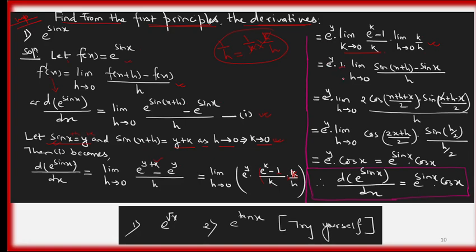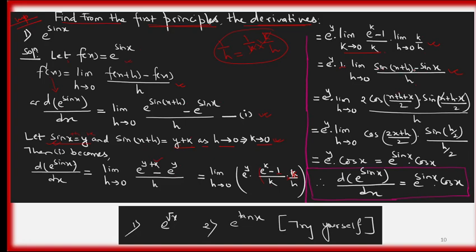We know e to the power y is e to the power y, limit as h tends to 0. Now, what is k? From here you can find k is sin(x plus h) minus y. Y is sin x, that's why it becomes sin(x plus h) minus sin x by h.